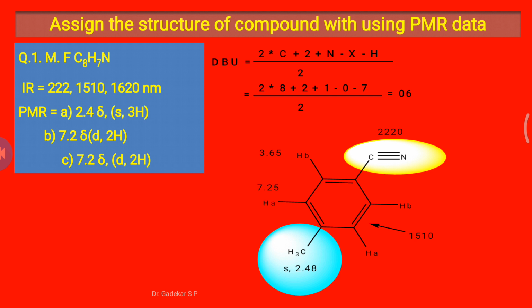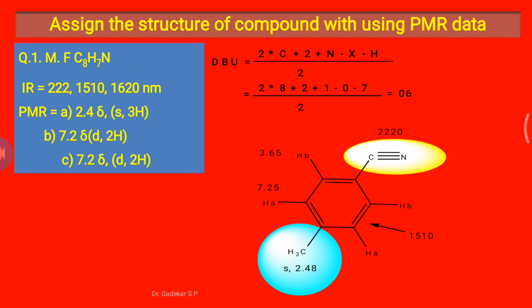So, para-cyanotoluene. The cyano group absorbs IR radiation at 2220 centimeter inverse. The C double bond C of the benzene ring absorbs near about 1510 centimeter inverse, and CH at 1620 centimeter inverse.